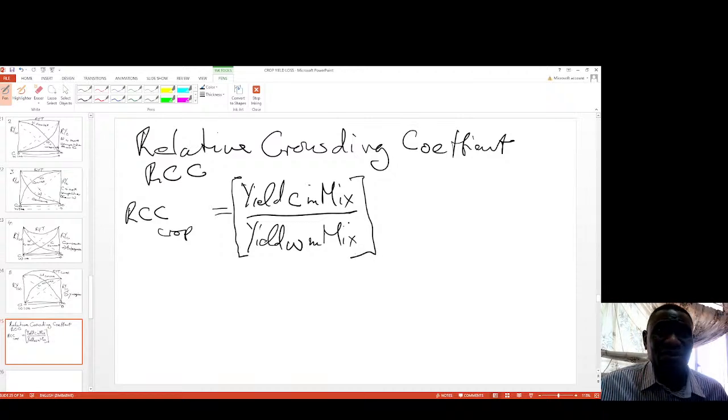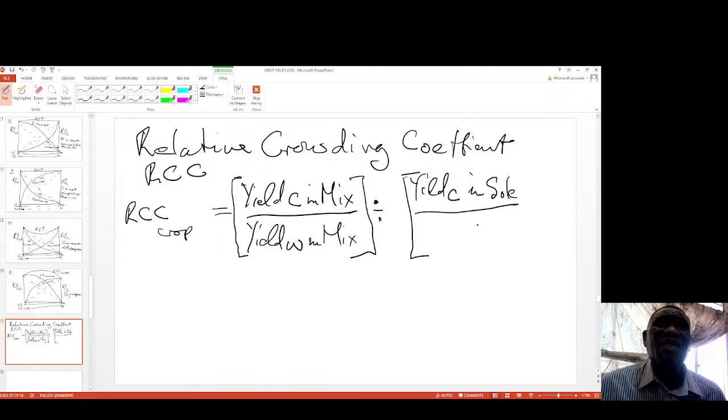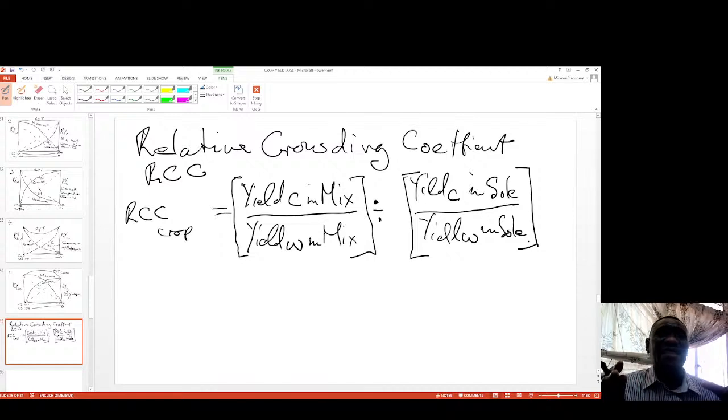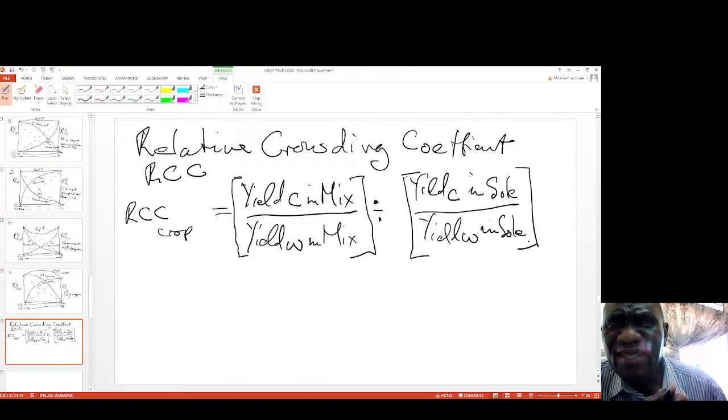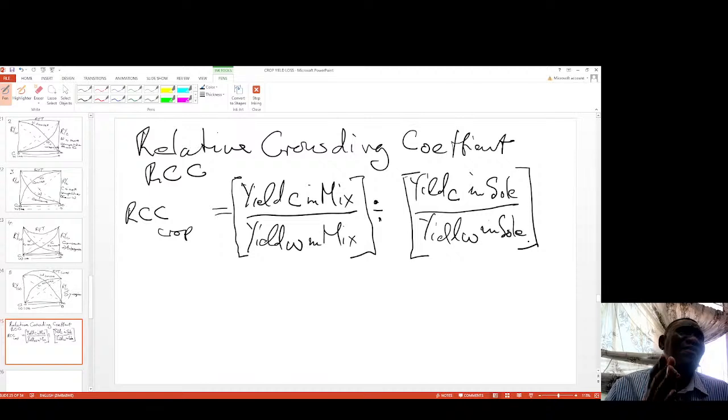When we have a value, we divide it by yield of crop in pure stand or soil over yield of wheat in soil. That will give us a value for the crop.